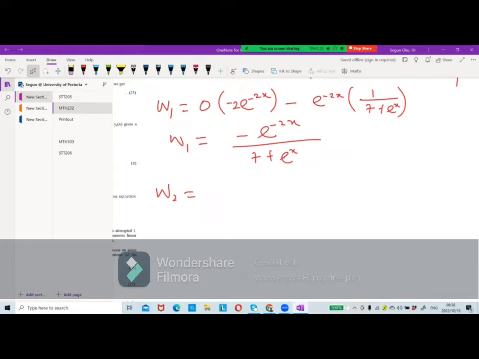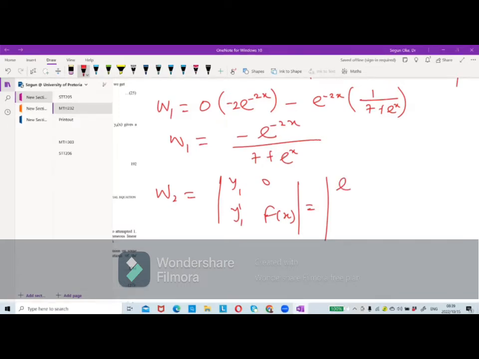W2 is what? The formula says y1, 0, y prime 1, y prime 2. And the second one is what? F of x. The same thing as, what is y1? It's there in your notes. Exponential minus x.